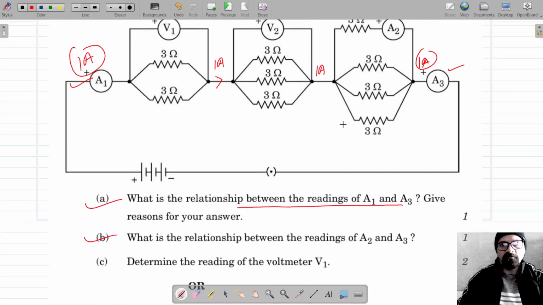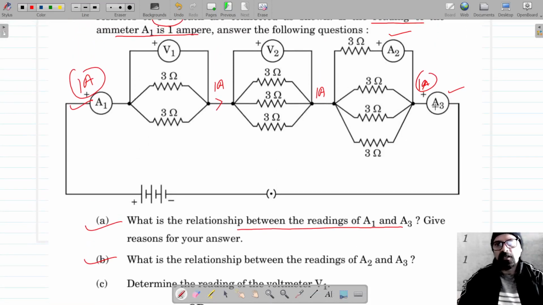What is the relationship between the readings of A2 and A3? So this is A2. Because these are identical resistances, the current is equally distributed here in all of them. There are four, so each of them will have 1/4 of the current, 1/4 ampere each. So this is 1/4 ampere here, 1/4 ampere in this one, and 1/4 ampere in each of the four resistors because they are identical.